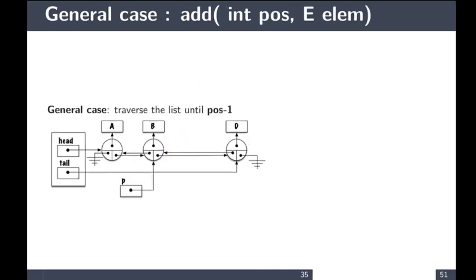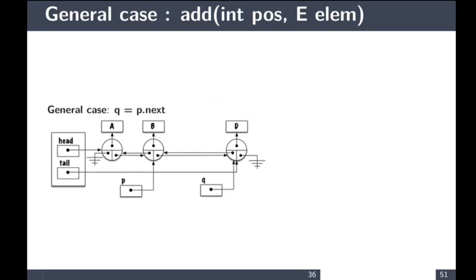So we need to traverse the list and we will be stopping at the position before the insertion point. So we stop at pos - 1. When I'm working with a linked list like this, I like to have a variable that will be pointing at the node after the insertion point.